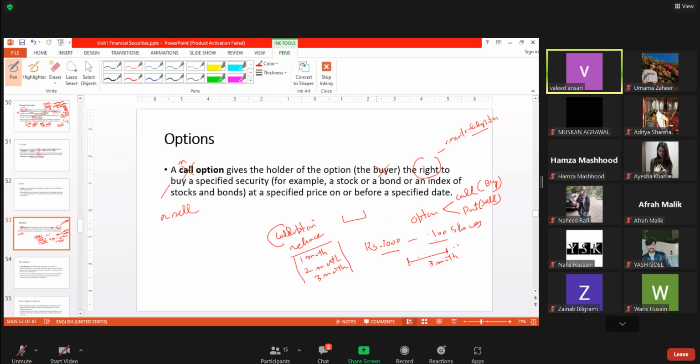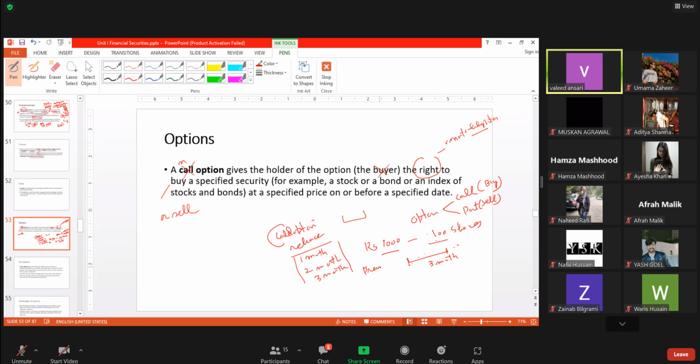Now, why is this done? Because one may have made an investment in Reliance stocks, and one may be thinking of offsetting, or hedging, against the fluctuations. For this, one has to pay a price, which is known as the option premium.